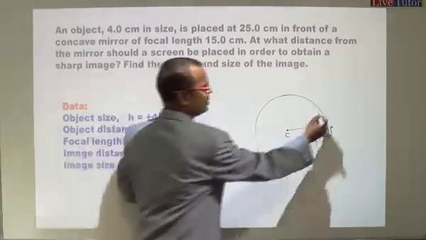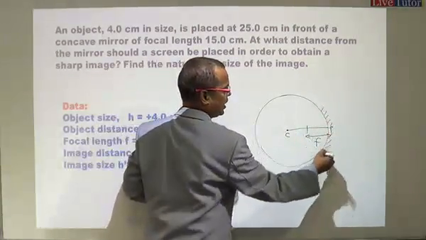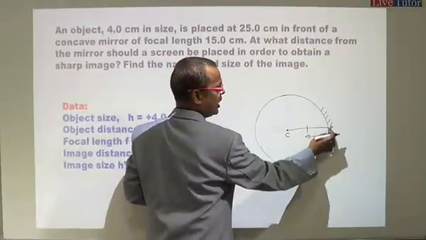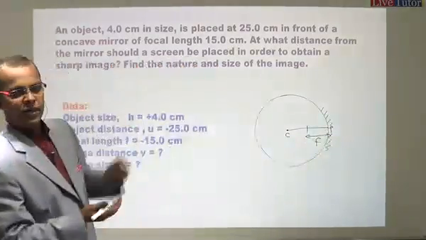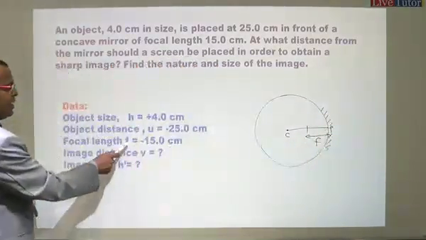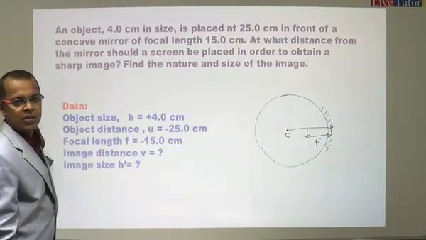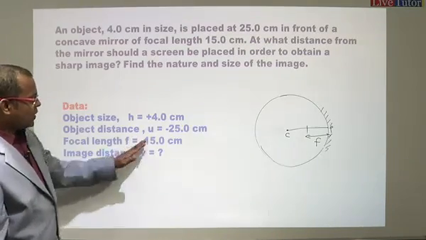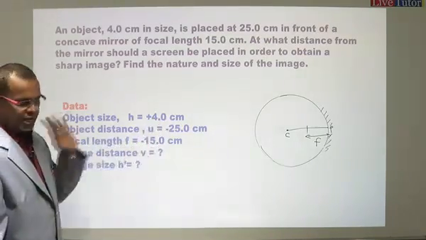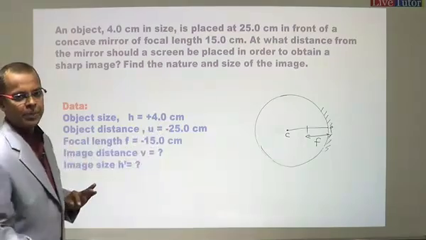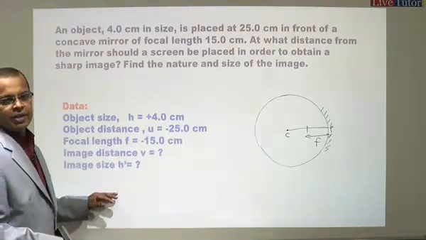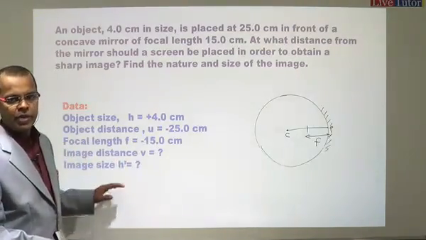Now when it is concave, this side is the shaded one. We are measuring the focal length to the left of the mirror. So when it is left of the mirror, this f should be negative, that is minus 15.0 centimeter. So once you remember these points, plus, minus and minus, the other things become very easy. Now the image distance we can easily find out, and the image size also we can find out.